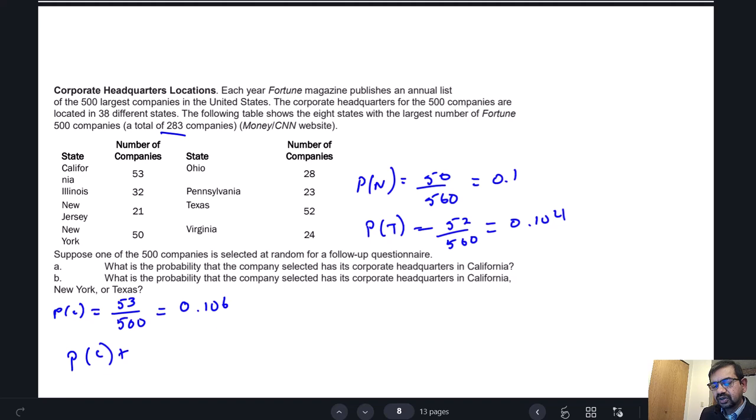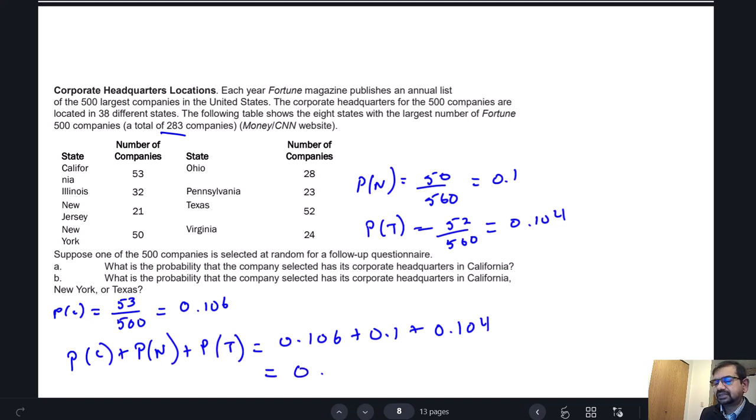So to find the event that our companies are headquartered in any of those states, we will add the probability of headquarters being in California plus the probability of headquarters being in New York plus the probability of headquarters being in Texas, which is 0.106 plus 0.1 plus 0.104, and this gives us 0.31.